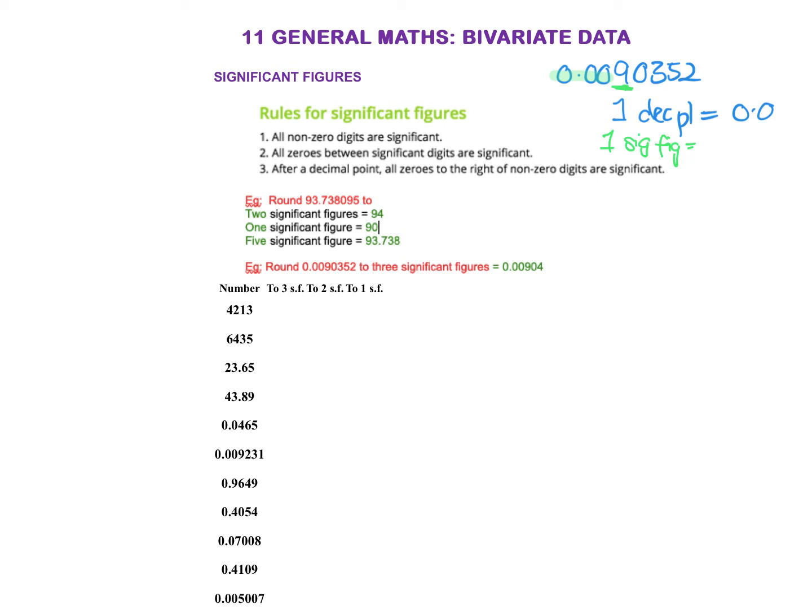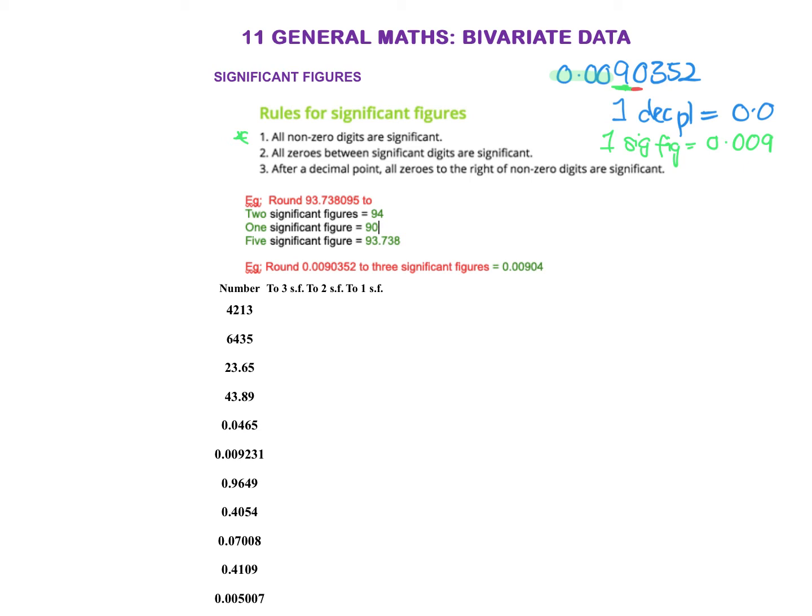I'd still look at the one after the 9 to see if I'd round it up or not. Because it's a 0, I don't need to. So for one significant figure, it'll be 0.009. So all non-zero numbers are significant. That means 1, 2, up to 9 are all significant. If you see one of them, you count them.